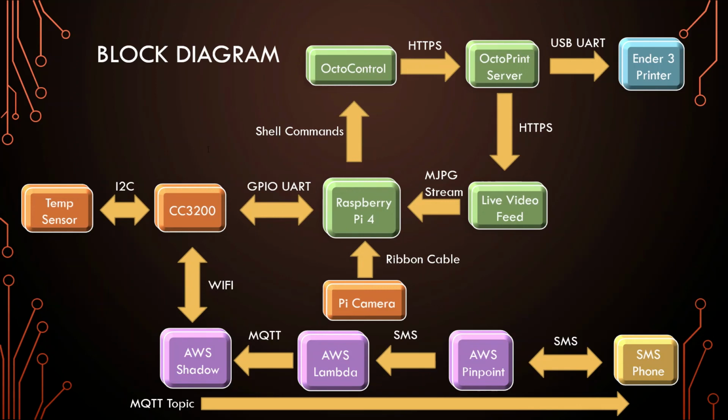If I had more time to work on this project, I want to get the Wi-Fi more reliable. At this point, it's fairly reliable through a hotspot, but I would like it so that you could use it with a home network, so you don't have to use a hotspot. I would like more remote control commands.